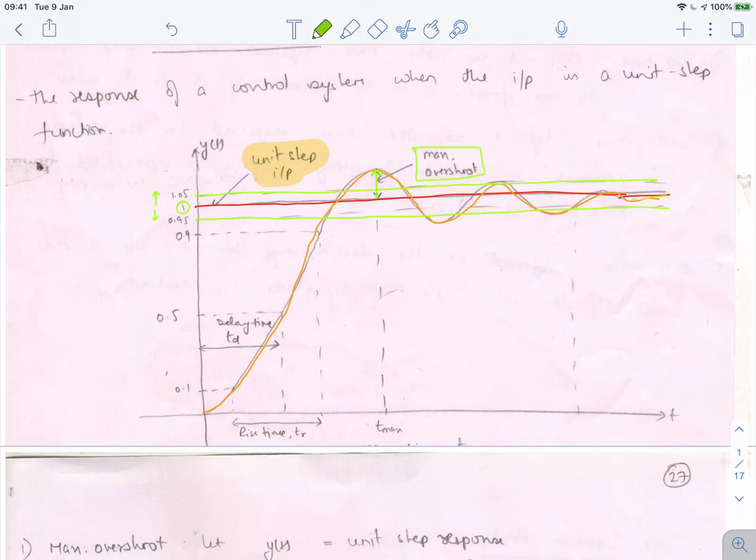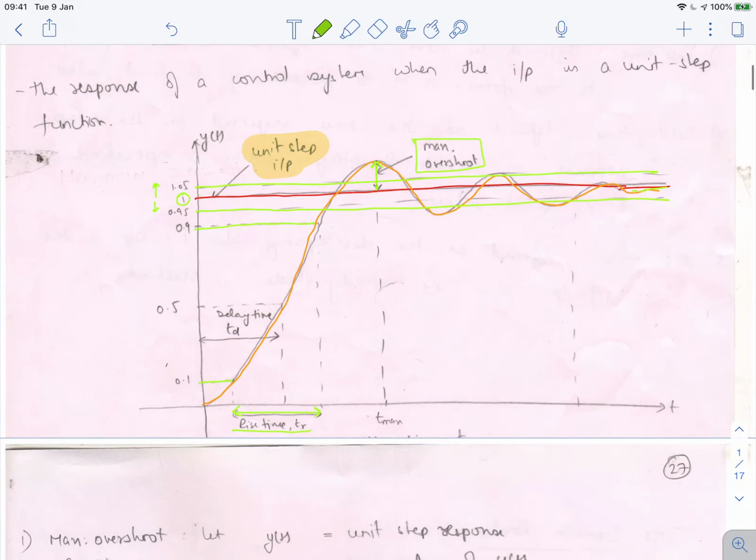We define the rise time of the response as the time it takes to go from 0.1 to 0.9 of the final value. The delay time is the time the response takes to reach 0.5 from 0. The maximum overshoot is attained at some particular time, which we define as T maximum; at this time the maximum overshoot is achieved.